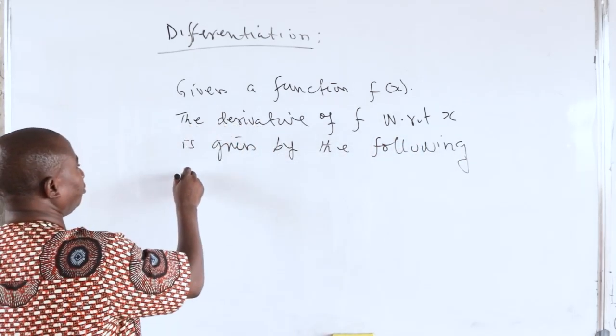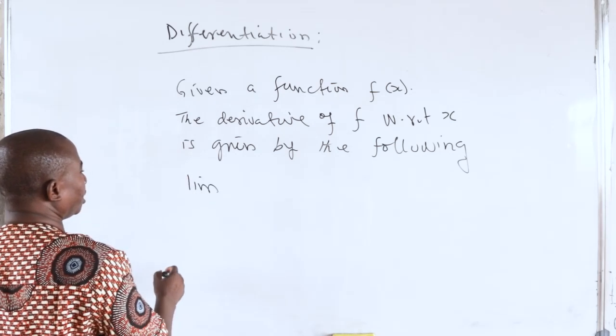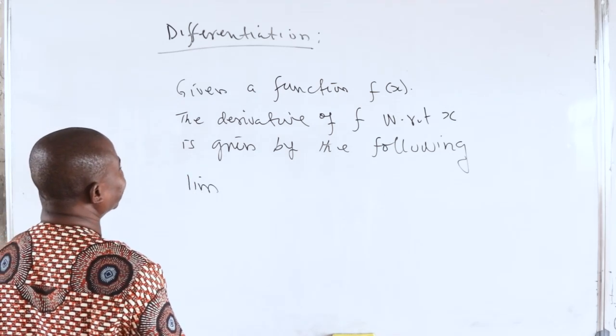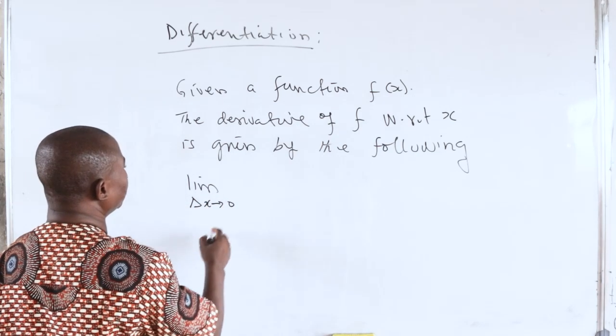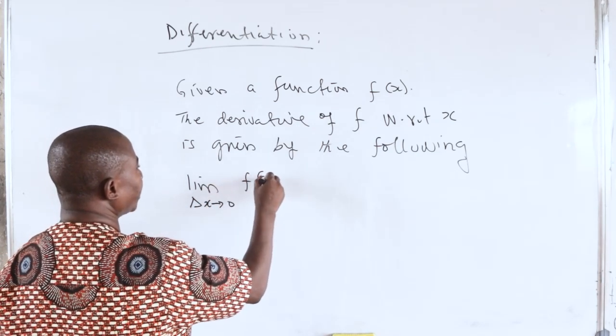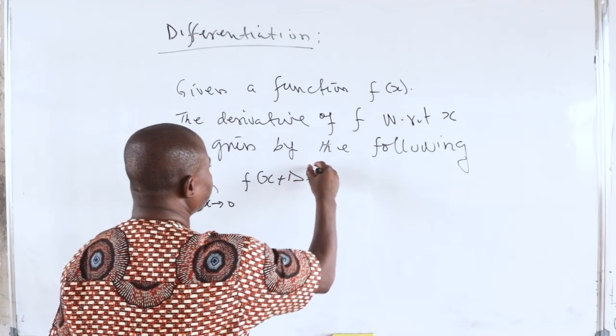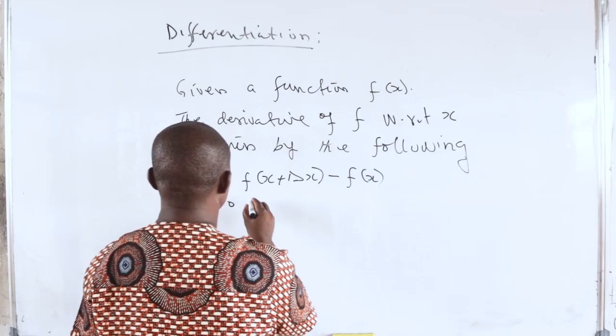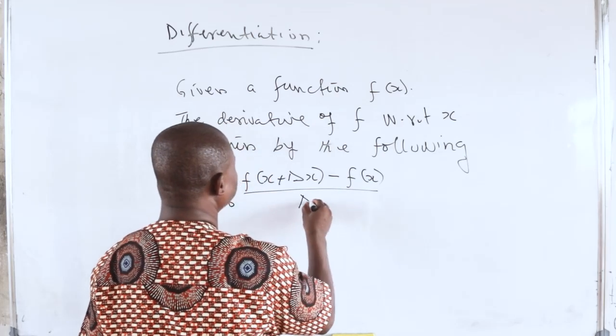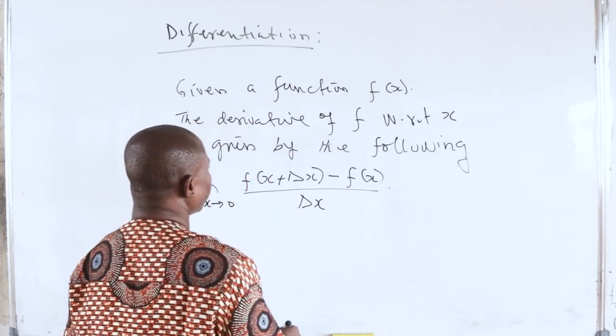So it is the limit, okay, I'll explain this shortly, as change in x tends to 0 of f of x plus change in x minus f of x, divided by change in x.